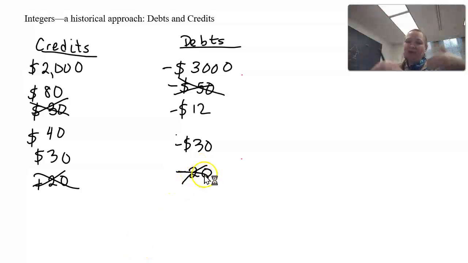So that means I'm getting rid of that debt, whether it balanced out with some of my credits and I paid it off, or somebody else paid it off, or the loan was forgiven somehow. But these are all different things that can happen with money and with debts. And so these are ways of using and approaching negative numbers.